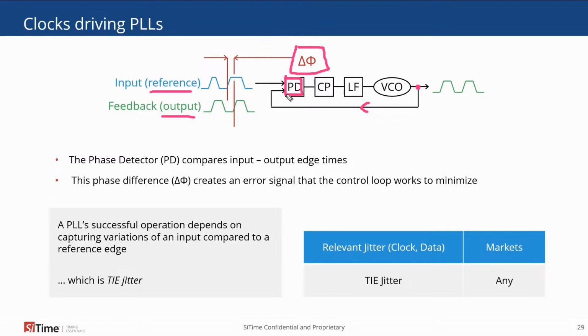The phase detector itself is a digital block, and so it has a reference threshold voltage, and so it slices these waveforms at the midpoint or wherever that threshold voltage happens to be set, and so it's measuring exactly time interval error jitter in this PLL architecture. So any PLL is concerned about time interval error jitter by definition.